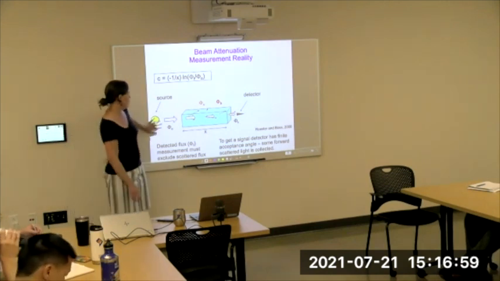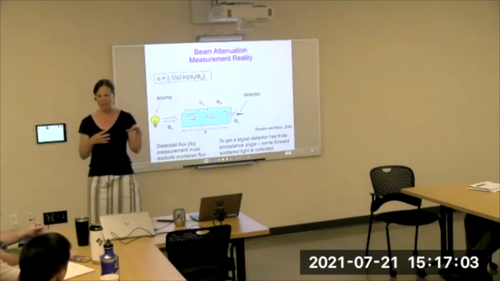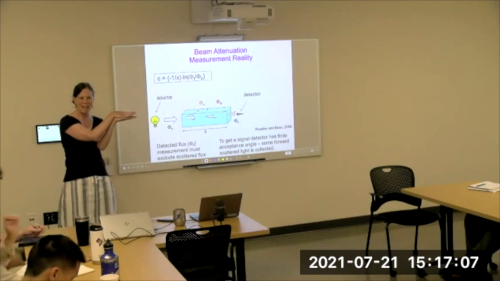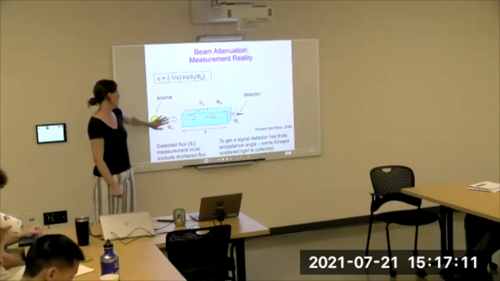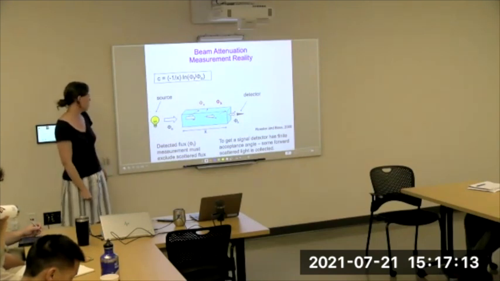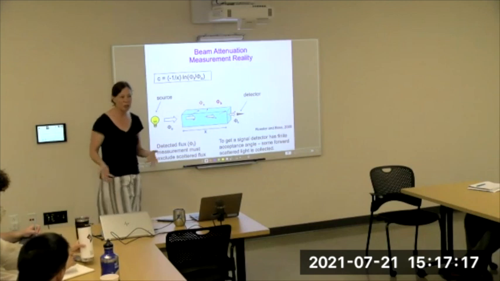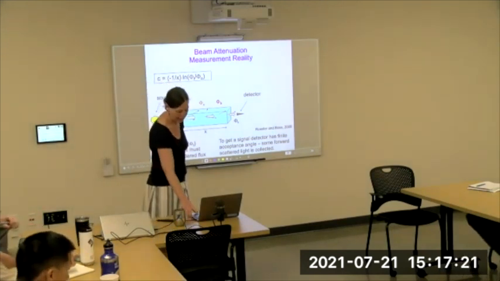So this triangle here, which you'll see a version of that appear in various other diagrams that I make, as well as our narrow but not infinitely narrow detector looking there. So the detected flux measurement usually excludes most of the scattered flux, but we always are going to get some forward scattered light.